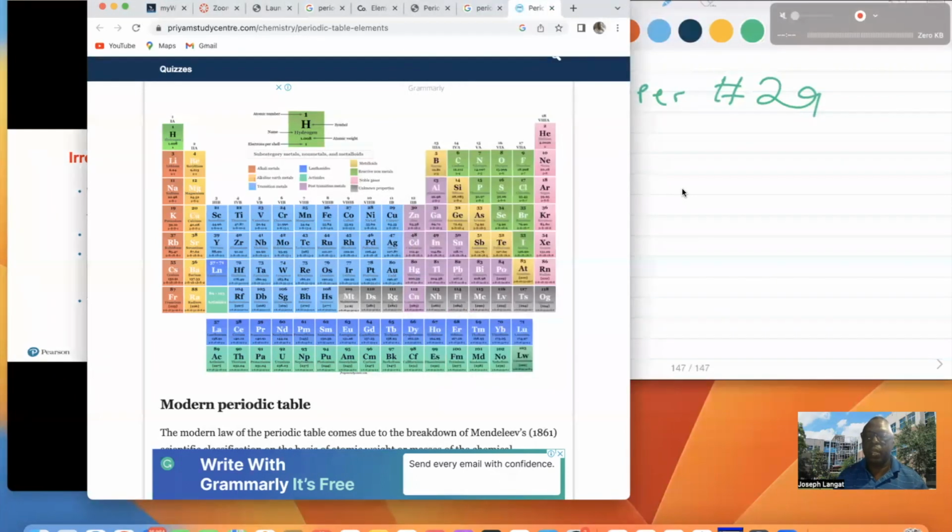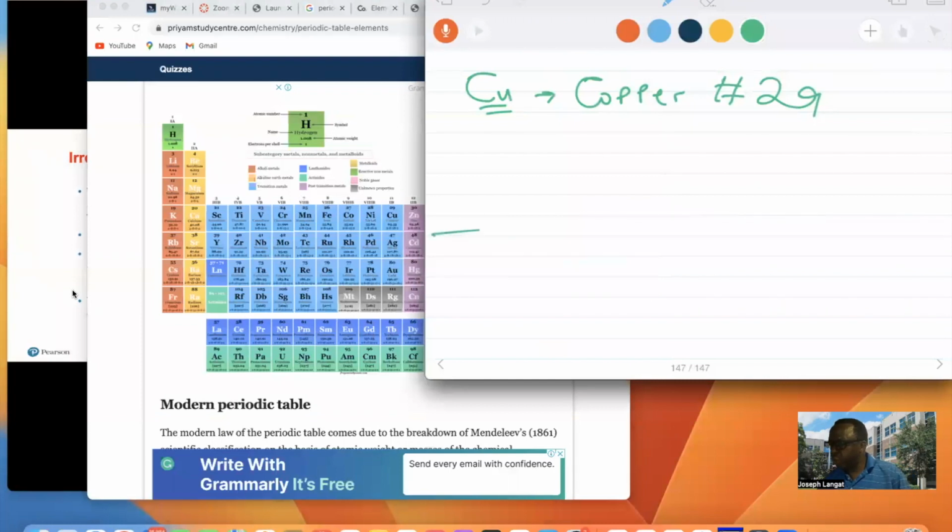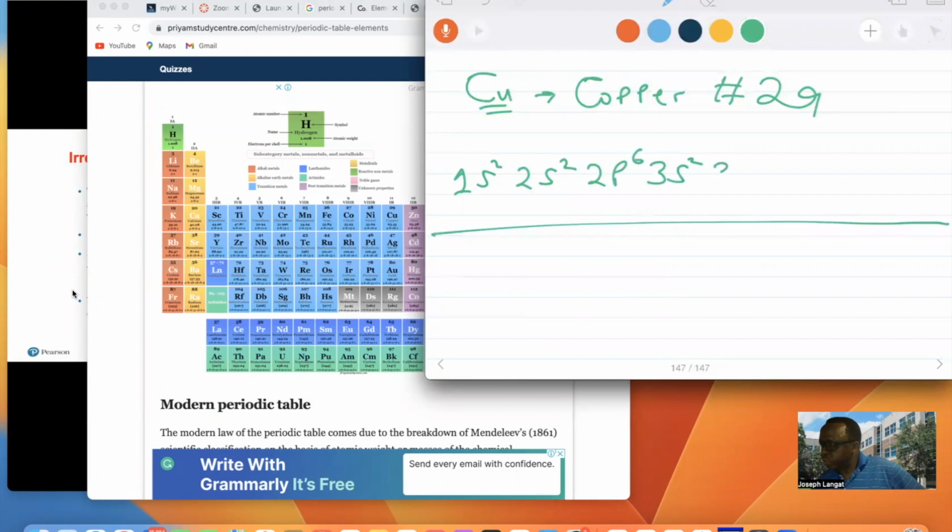If you are to write the electron configuration for that, it is going to be 1s2, 2s2, 2p6, 3s2, 3p6, 4s2, and then 3d9 to make 29. But this is wrong.